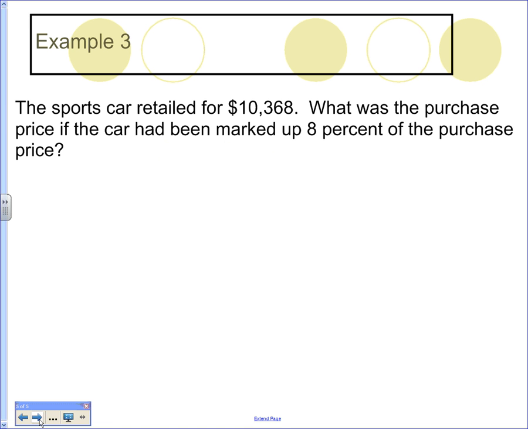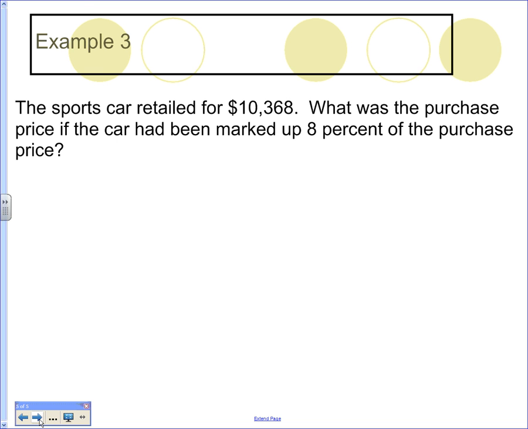Okay, looking at another one. Sports car retailed for $10,368. That's the selling price. Is purchase price what I bought, or is it what the store bought?